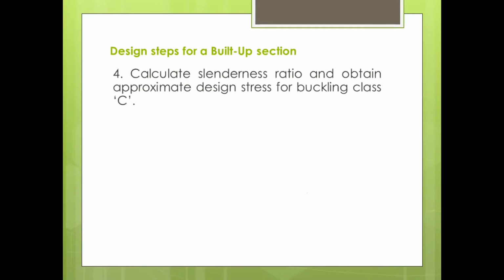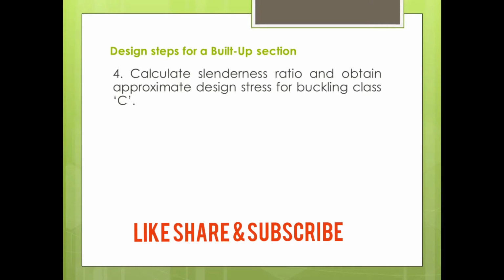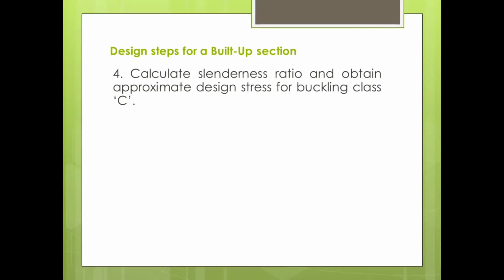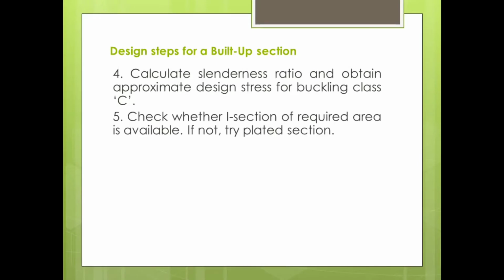Then next step will be to calculate slenderness ratio and obtain approximate design stress for buckling class C. Why? Because we are only using I sections, and I sections as per the section classification lie under buckling class C. So you calculate slenderness ratio and obtain approximate design stress FCD value for buckling class C. Then check whether an I section of required area is available.